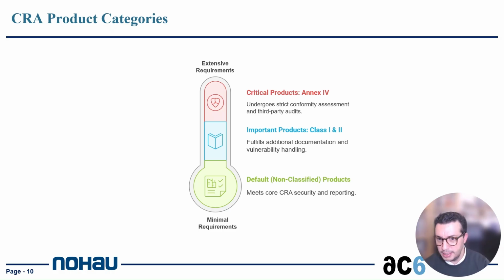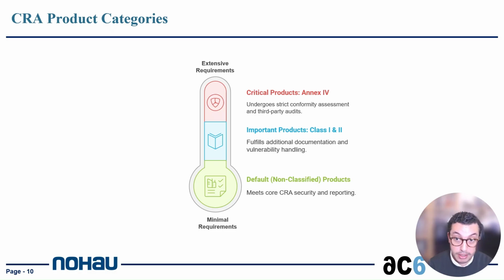If I remember well, it is written there, it's Annex 4. These undergo the most extensive requirements, including strict conformity assessment and third-party audits, plus a lot of things that have to be done. You know, when you do the conformity assessment, you have multiple modules that you have to assess based on your product category. So the higher the classification, the heavier the obligations.